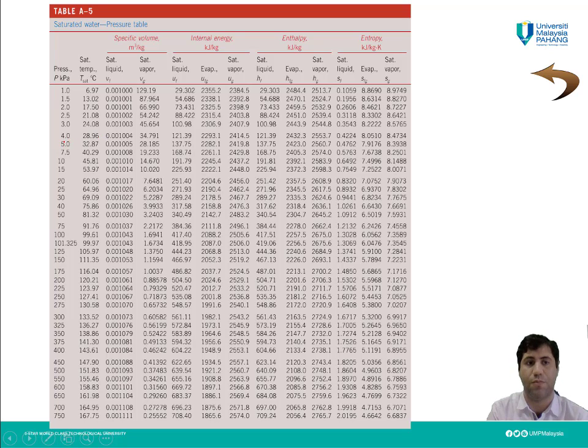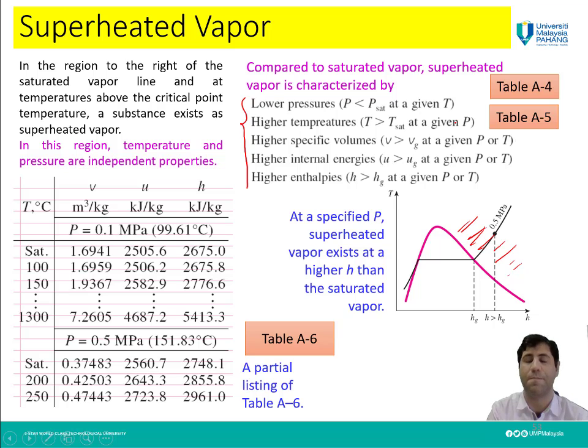First, we should find the pressure in this table, and then find the saturation temperature for that pressure. Then we can compare the temperature given in the question with the saturation temperature at that pressure. So these are two methods to check if the substance is in the superheated region or not.